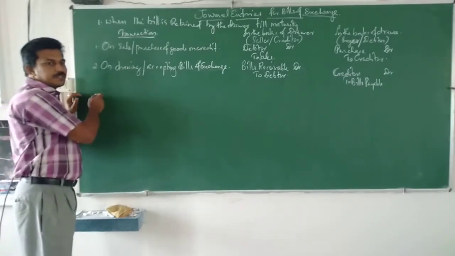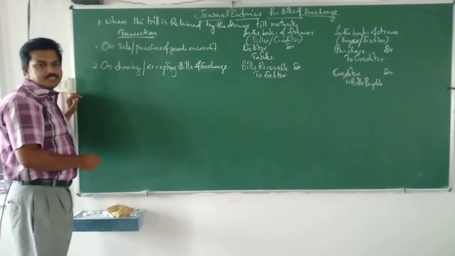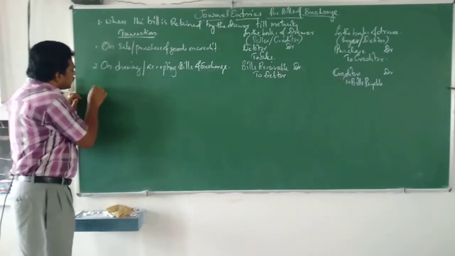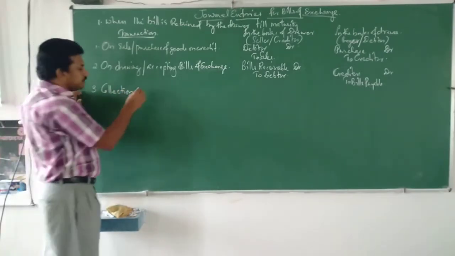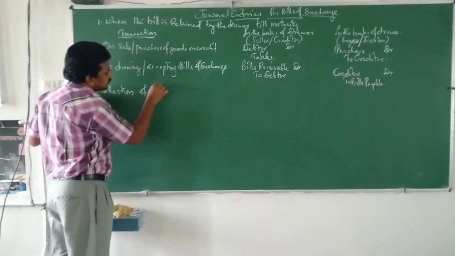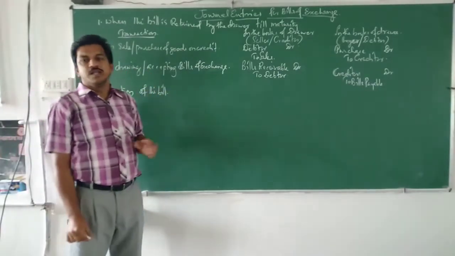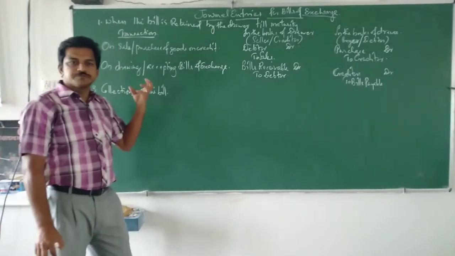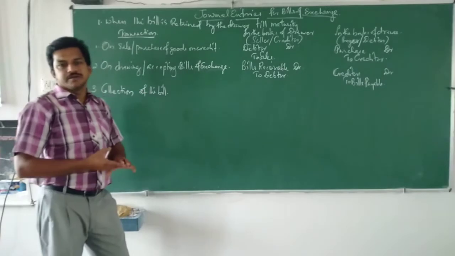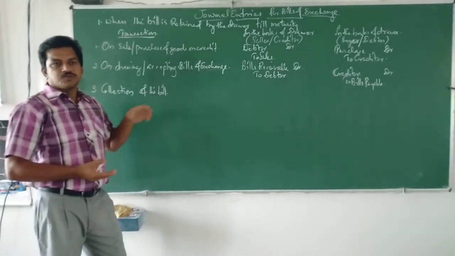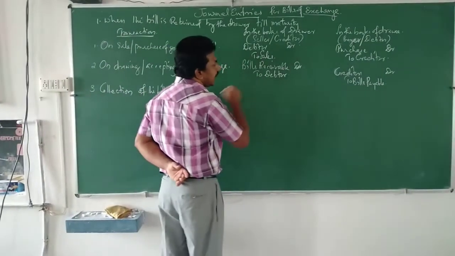At last, that means on maturity he will receive the money, isn't it? So we can write collection of the bill. That means on collection of the bill amount, on maturity date, if it is for 3 months, on the third month, on that particular day, he will receive the money. So what will be the journal entry? He will get the cash.